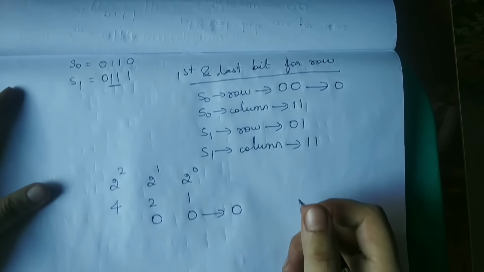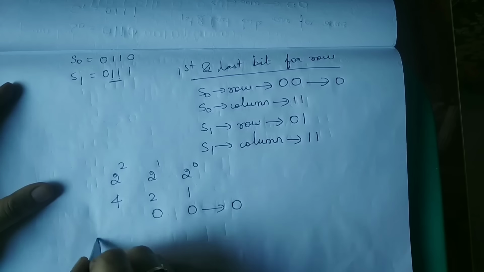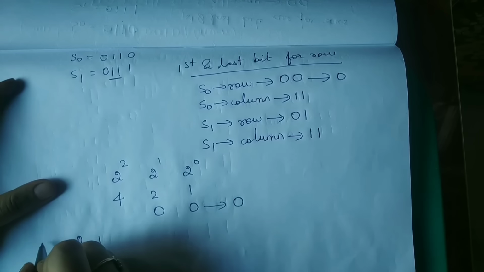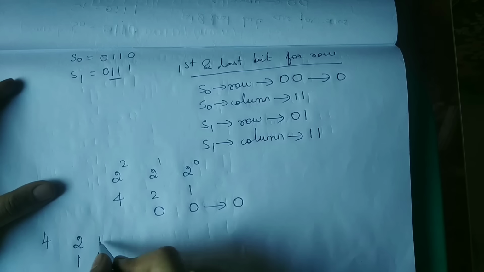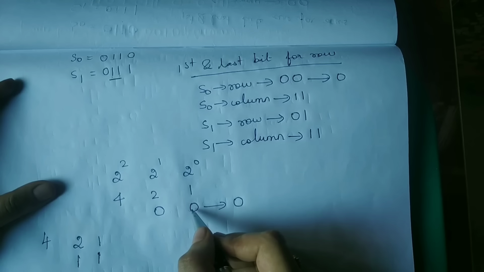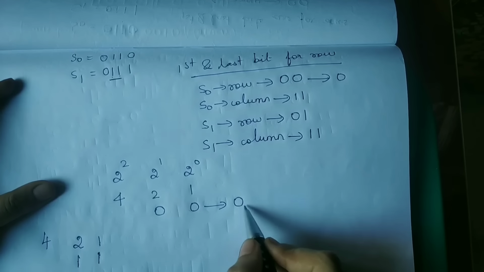Next it is 1, 1. So 1, 2, 4. I'm going to put 1, 1. So 1 means I should add the numbers that are there corresponding to 1. Here it is 0, so I should not add those numbers. Since both are 0, I'm putting it as 0.